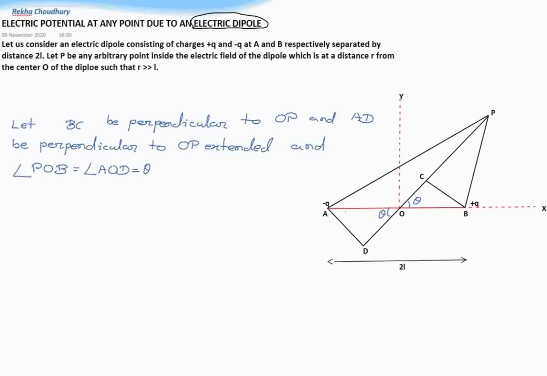Now see, AO is equal to L and OB is equal to L. As this is a perpendicular and this is also a perpendicular, in the triangle OBC, OC is equal to L cos theta.